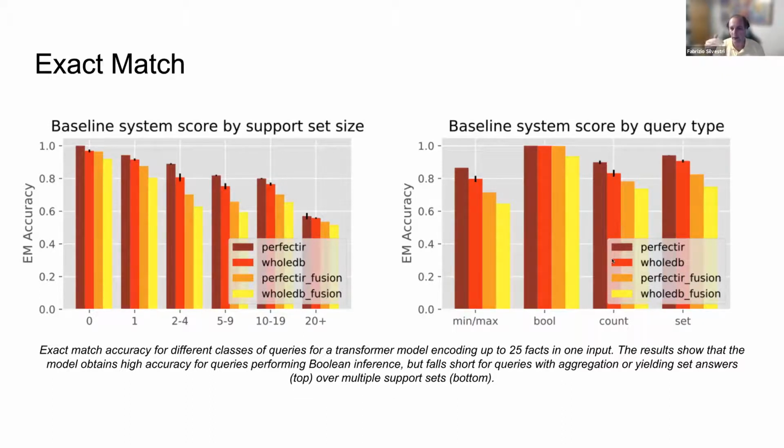So as you can see, the lowest performing type of queries are, let's say, min max. But even in those cases, with perfect IR, we score almost 0.9, which is extremely high if you think about it. So without requiring any DBMS or anything, we just require transformers. You can answer 90% of the times correctly.